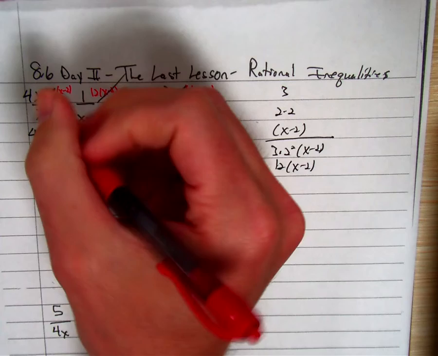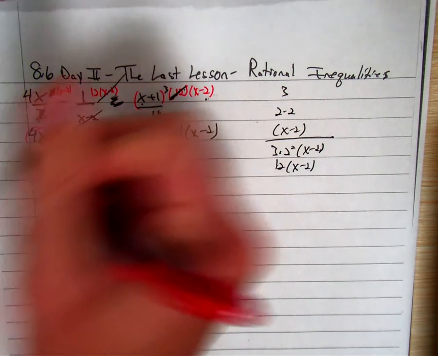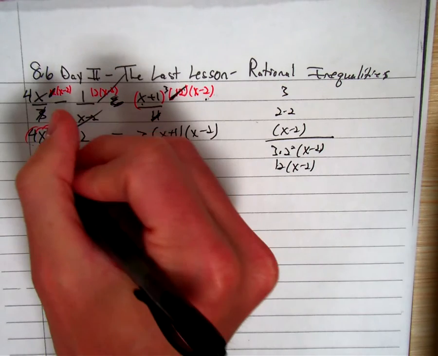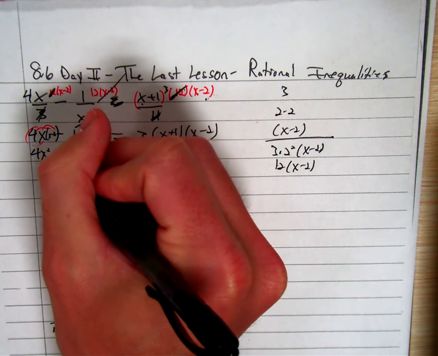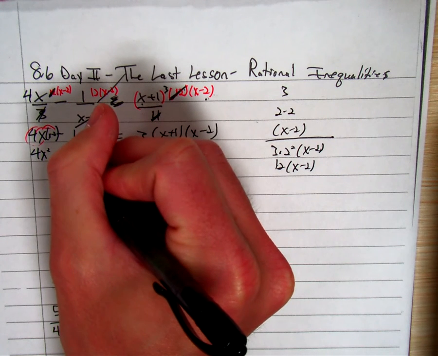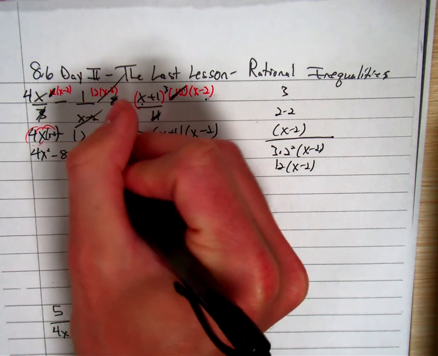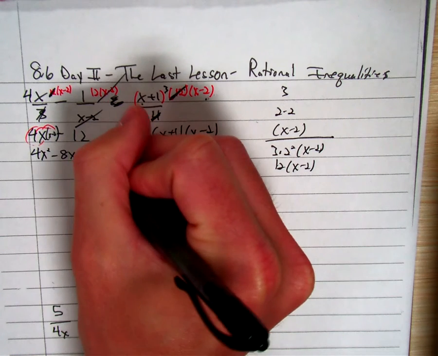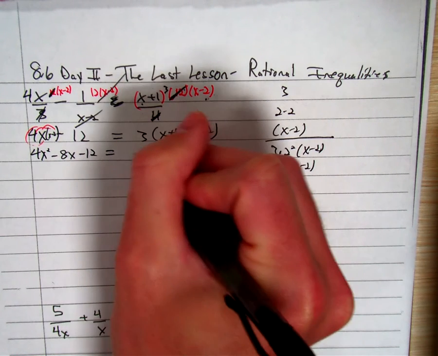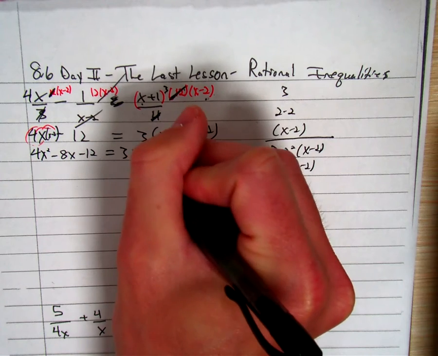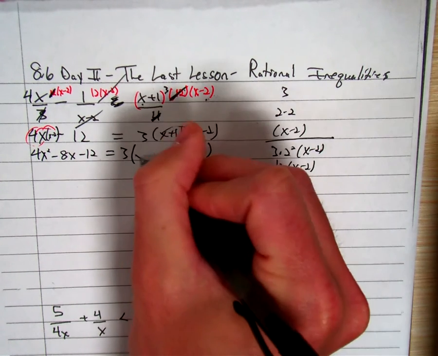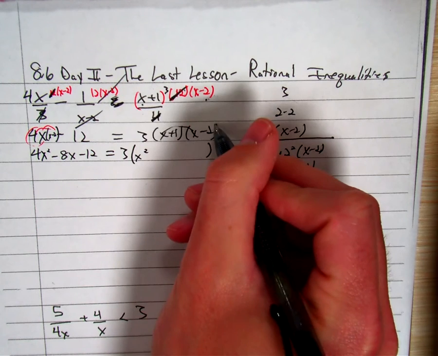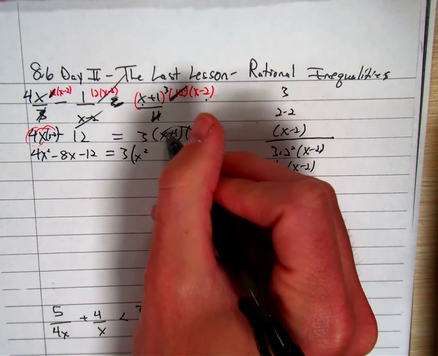Alright. Let's do a little multiplying. We're going to take all this to both of those. 4x times x is 4x squared. 4x times minus 2, minus 8x. We still have our minus 12. Okay, over here, 3 times x squared minus 2x plus 1x, right?